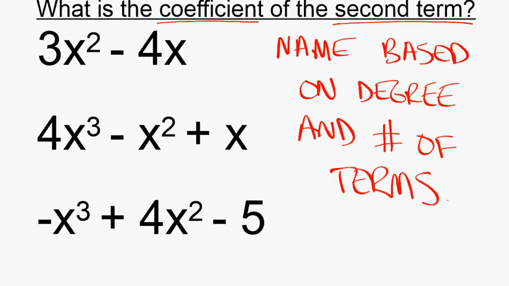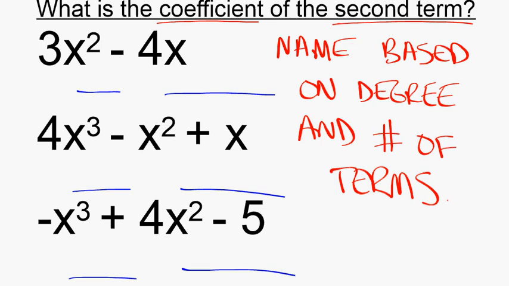So by now you should have written 2 words for every single one of these, right? 2 different words for all of these. The name based on the degree for the first is quadratic. And since there are 2 terms, the name for the number of terms is a binomial.